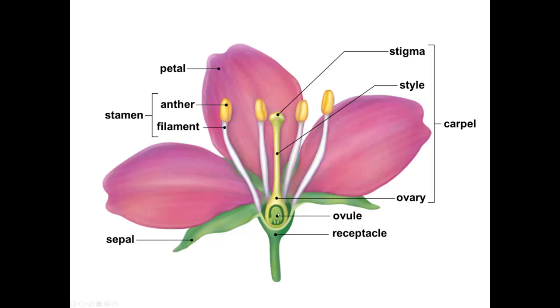And within the ovary is what's called an ovule. In a flowering plant like this, the ovule will form the seed or seeds, and the ovary will form the fruit around the seeds. Of course, there's a whole host of different things that need to be considered when we're looking at pollination. We need to consider whether the plant has both male and female parts, or whether pollen needs to transfer from a male plant to a female plant, or within a plant that has both male and female flowers, but they're separate.